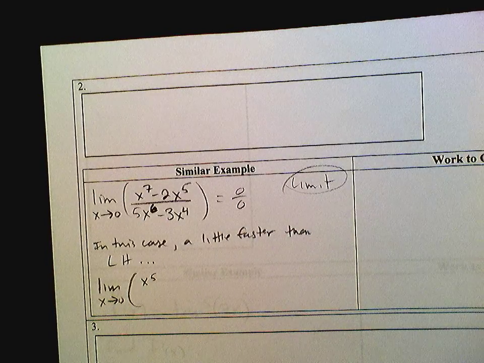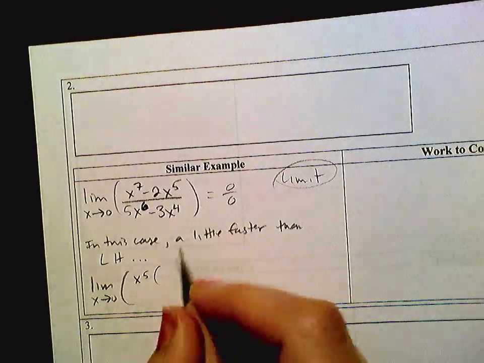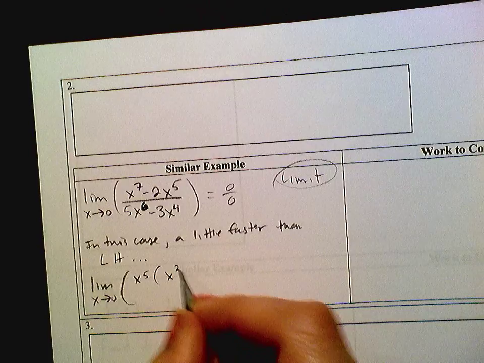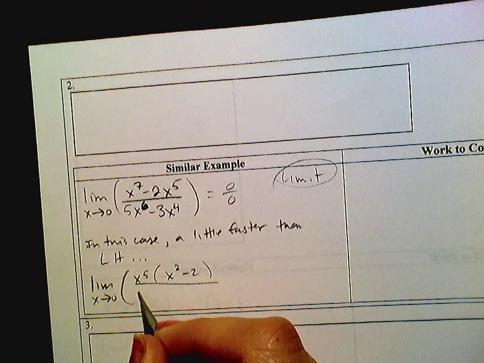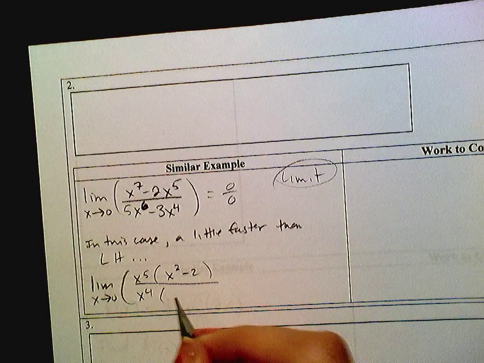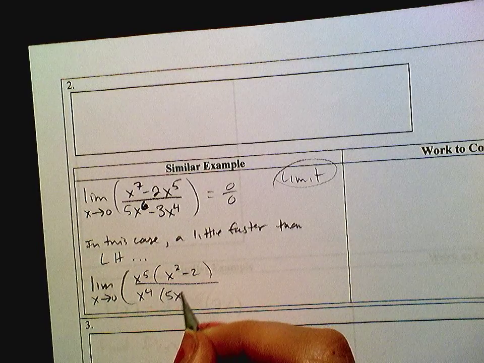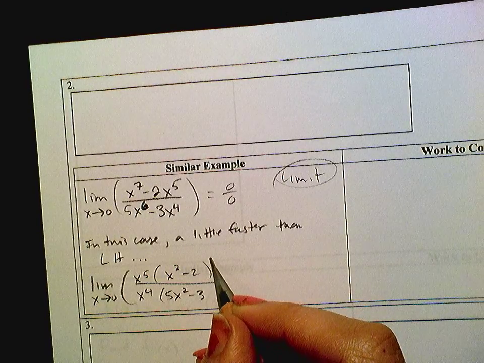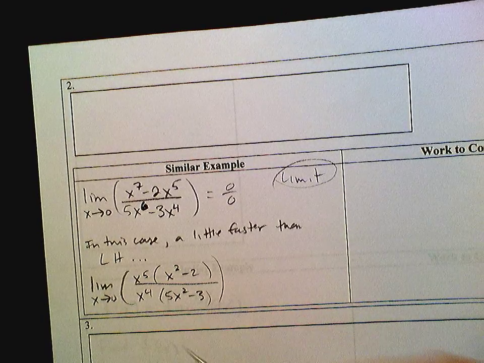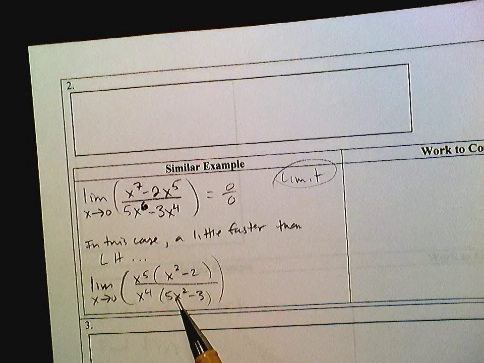Okay, change that 12 to a 6. So I take out an x to the 5th, and I got x squared minus 2. I'm just factoring this. And then I can take out an x to the 4th, and I get 5x squared minus 3. Okay, yep.